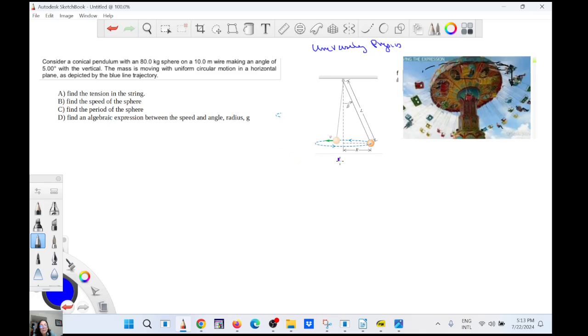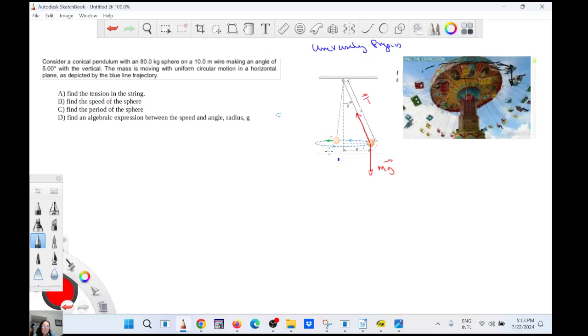So first of all, let's look at the forces acting. First we define the system. The system will be this mass. Of course there is the weight pulling down, and the only other force is the tension in the string. Then the question is, where are my X and Y axes? Should I take the Y axis along the tension, or should I take it this way, like a cross?